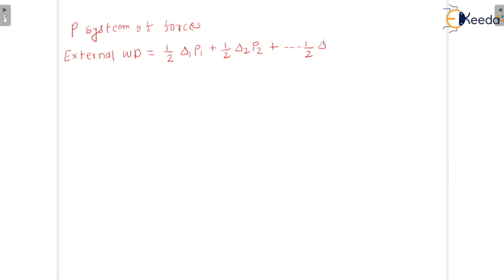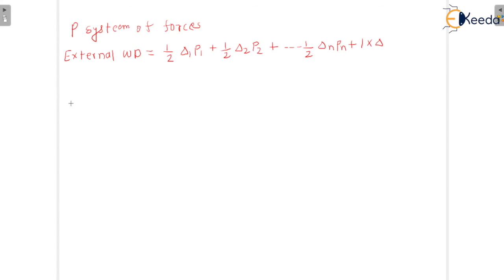If P system of forces is applied, then external work done will become half of del 1 P1 plus half of del 2 P2 plus half of del n Pn, plus, because of unit load, 1 into delta.